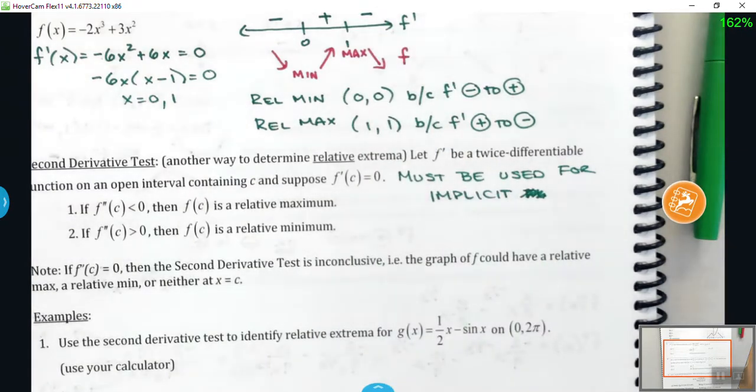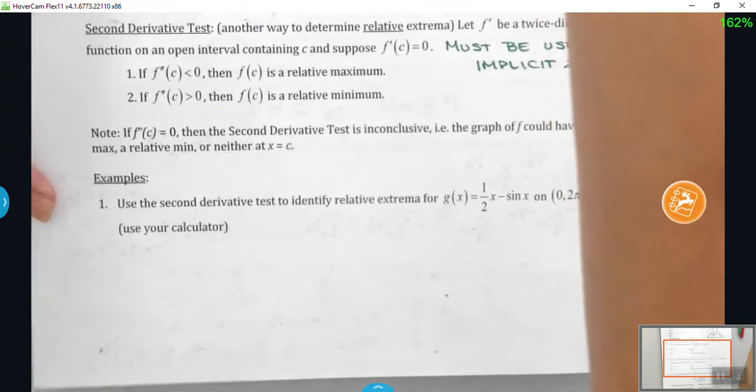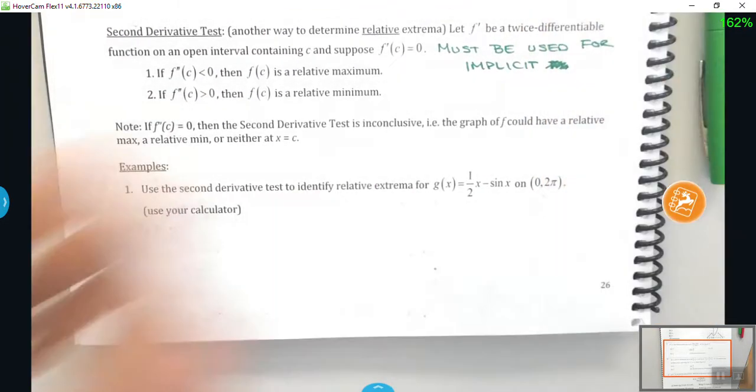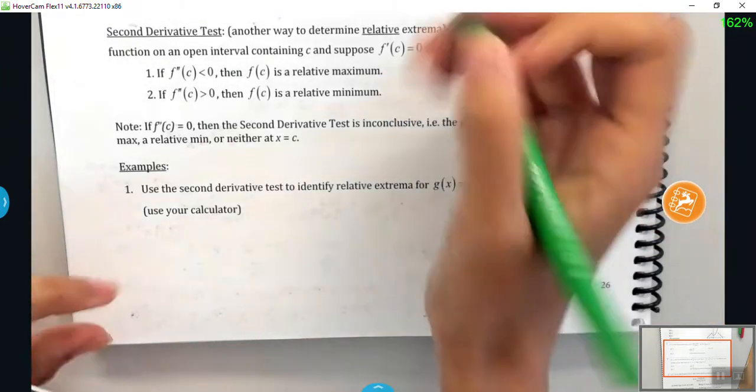But right here, I can't go left, middle, right because I have nothing on the right side of it. Are you with me? Yeah? Okay, maybe not, whatever. Just listen to me. Second derivative test means that I don't need to test anything on the left and the right. I just want to know about that one point in particular.